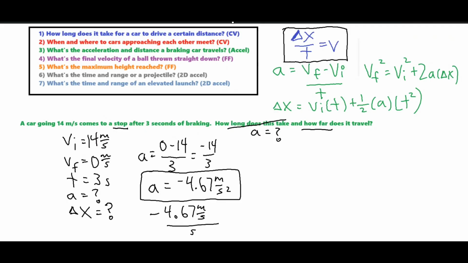Now I'm going to use the one that already has delta x isolated on one side, so I won't have to do any algebra to make my job a little bit easier, but you'd get the same answer either way. So my VI is 14, and my time is 3 seconds, and then times 1/2 times negative 4.67 times 3 squared. If I take 14 times 3, I get 42.